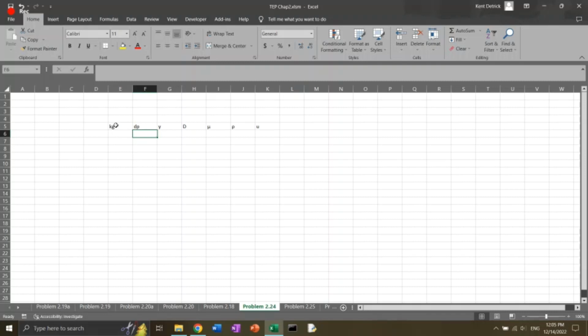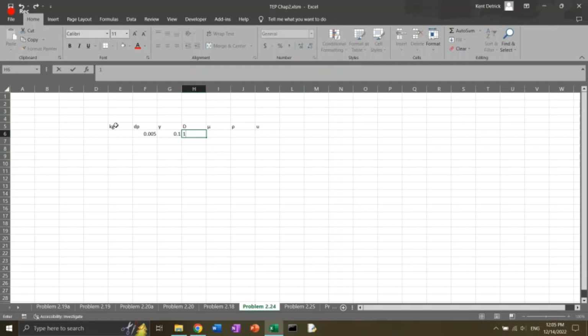Okay, so dp is equal to 5e to the minus 3. y is equal to 0.1.